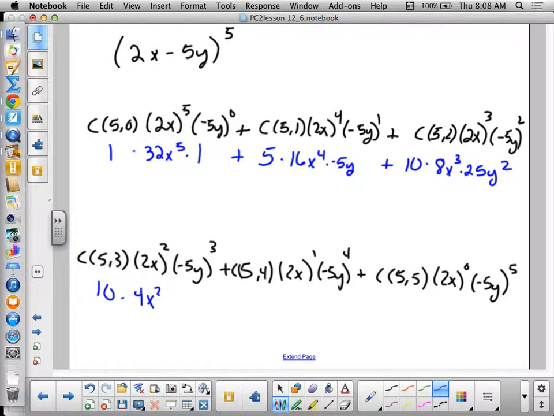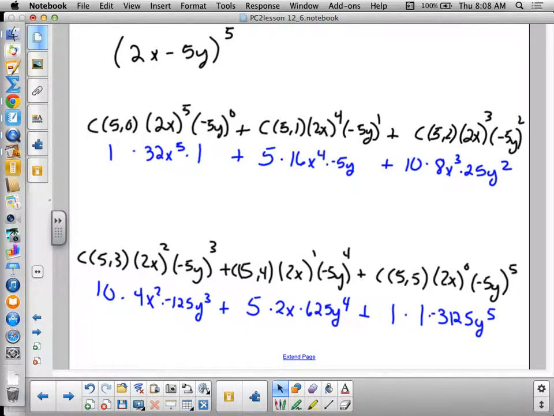Negative 5y to the third power is going to be negative 125y to the third. 5, 4 is going to be a 5 times 2x times 625y to the fourth, plus 1 times negative 5y to the, what's negative 5 to the fifth power? 3125. Negative 3125 y to the fifth.